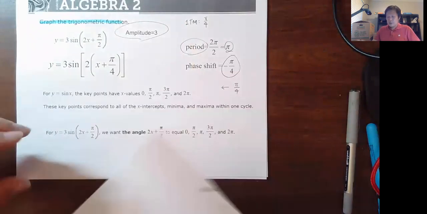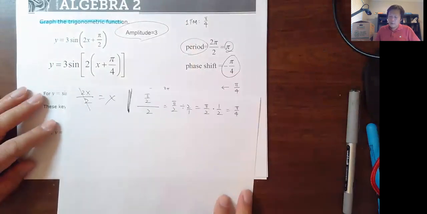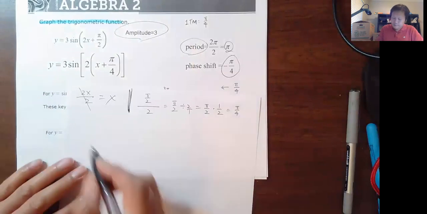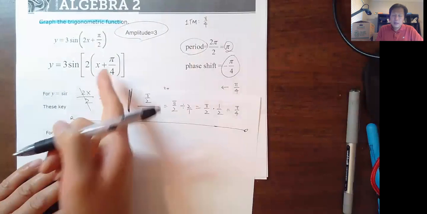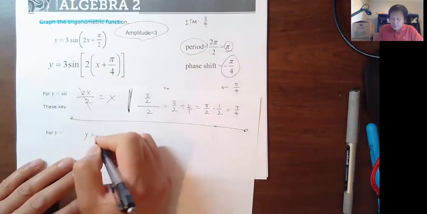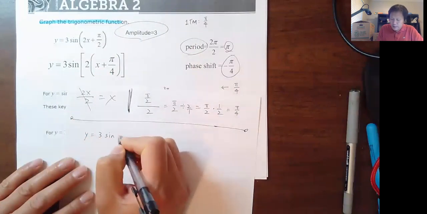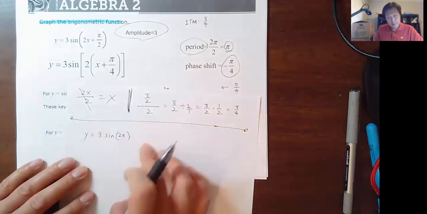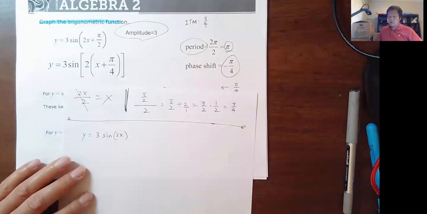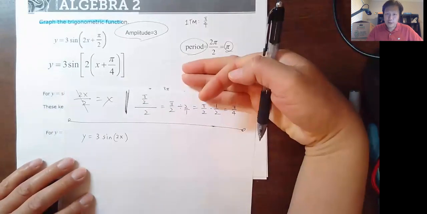So here is how I recommend you graph. When you try to graph this, I want you to first graph 3 sine 2x, not considering the phase shift. So try to graph this first. We are not considering the phase shift for now.